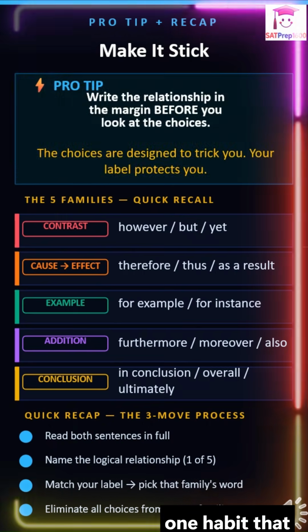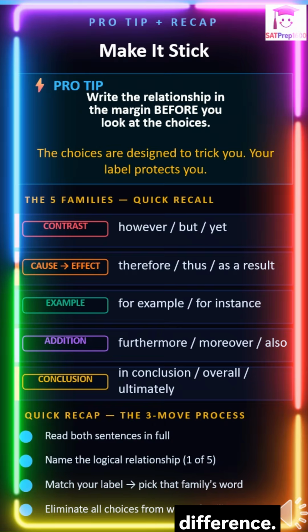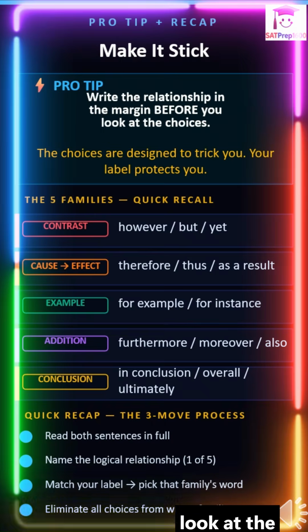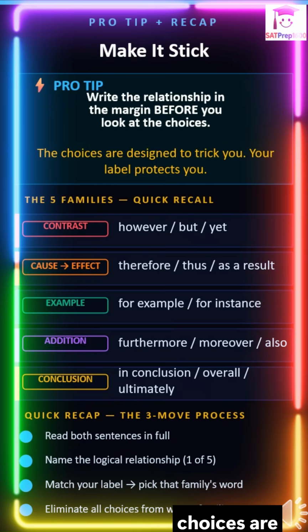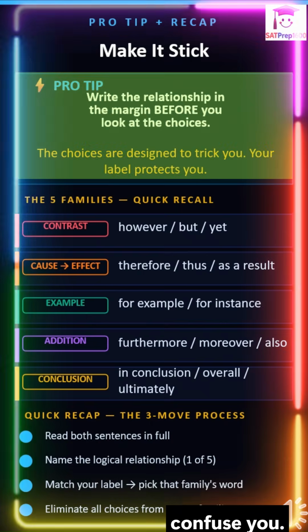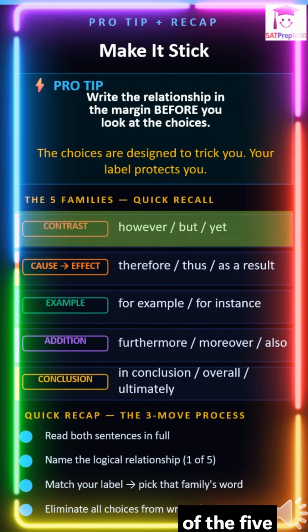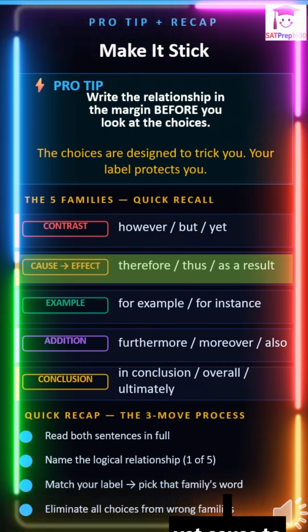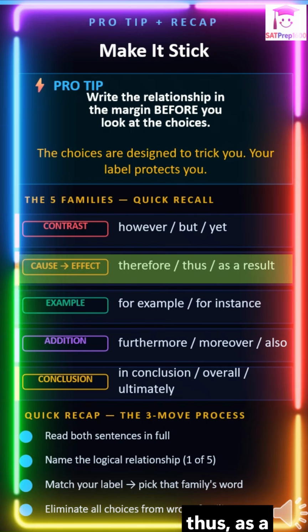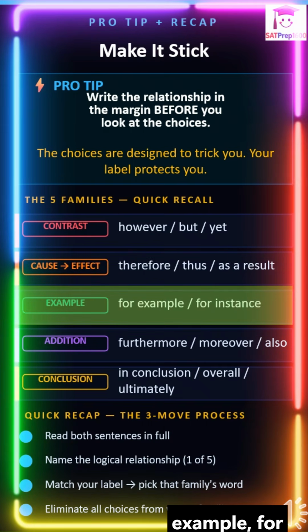Pro tip. And this is the one habit that makes all the difference. Write the relationship in the margin before you look at the choices. The choices are designed to confuse you. Your label is your shield. Quick recall of the 5 families. Contrast: however, but, yet. Cause to effect: therefore, thus, as a result. Example: for instance.